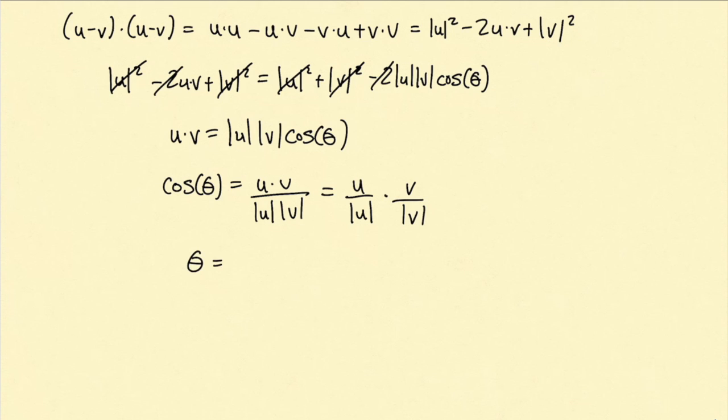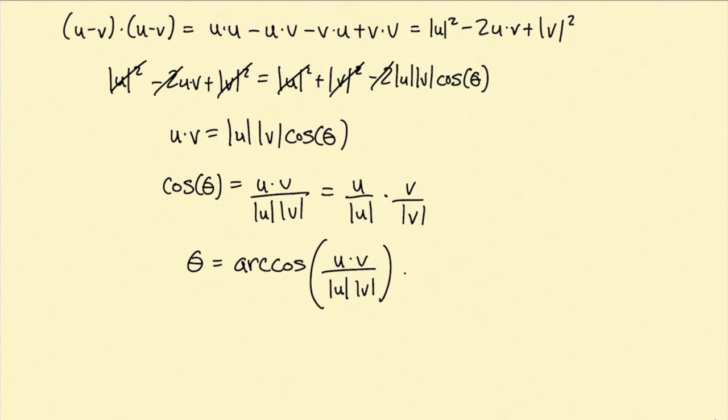To find the angle between the two vectors u and v, we simply need to use the inverse cosine function to get at theta. Now I should mention that this works for vectors of any dimension. However, we're primarily going to concern ourselves with vectors of 2 dimensions because they're easier to visualize.